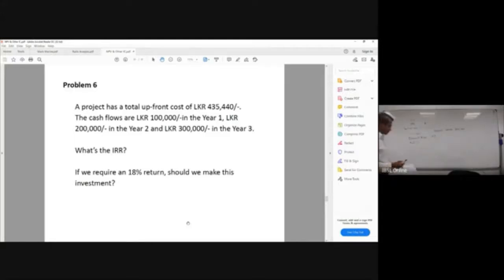Here year 1, that is 1 divided by 1 plus 0 to the power 1. Then 1 divided by 1 plus 0 to the power 2. 1 divided by 1 plus 0 to the power 3. That is the discount factor at 0%.